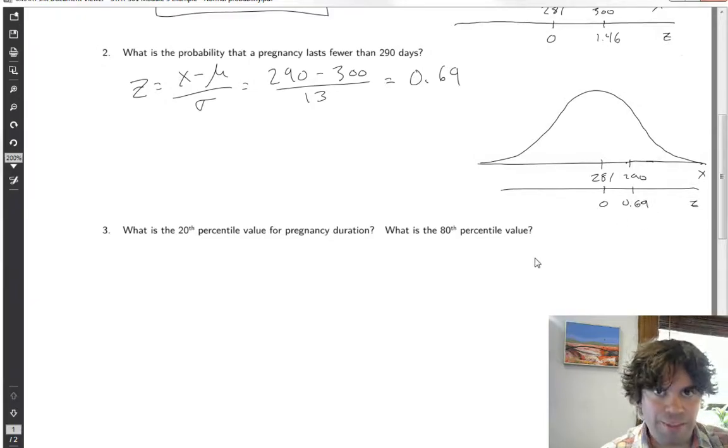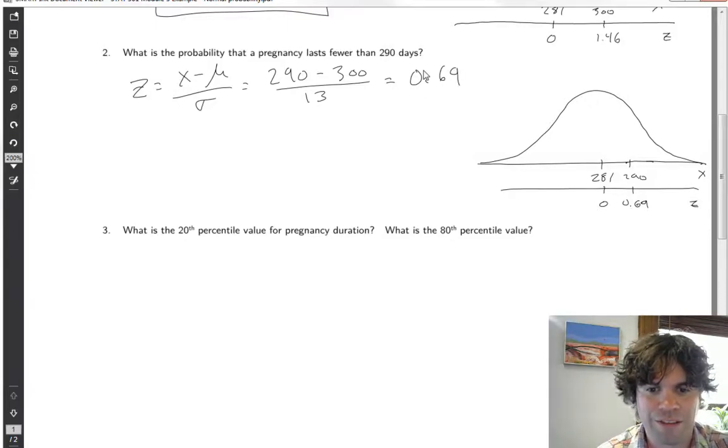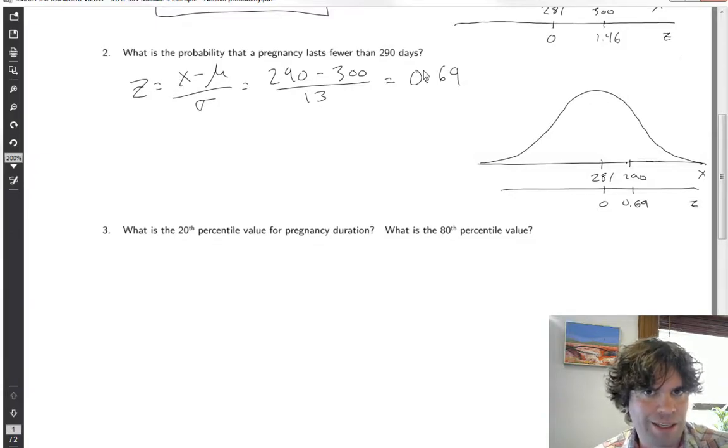Now I want to be clear that that 0.69 is a number of standard deviations above the mean. I drew that on this horizontal axis here. When we do these probability questions, all of our probabilities and our proportions are numbers between 0 and 1, and sometimes it gets easy to confuse. If you've got a z value that's between 0 and 1 and a proportion or a probability between 0 and 1, it's easy to get them confused.